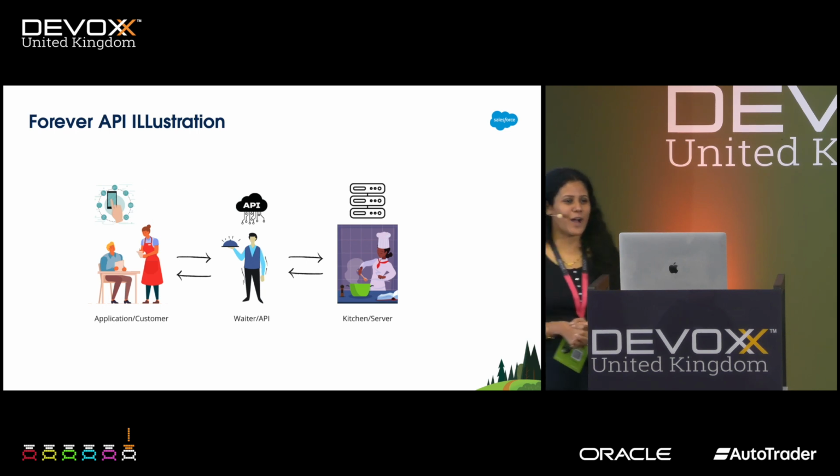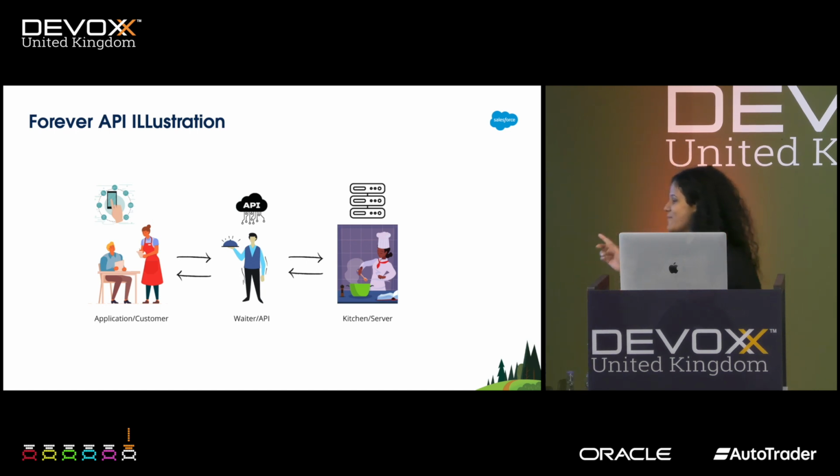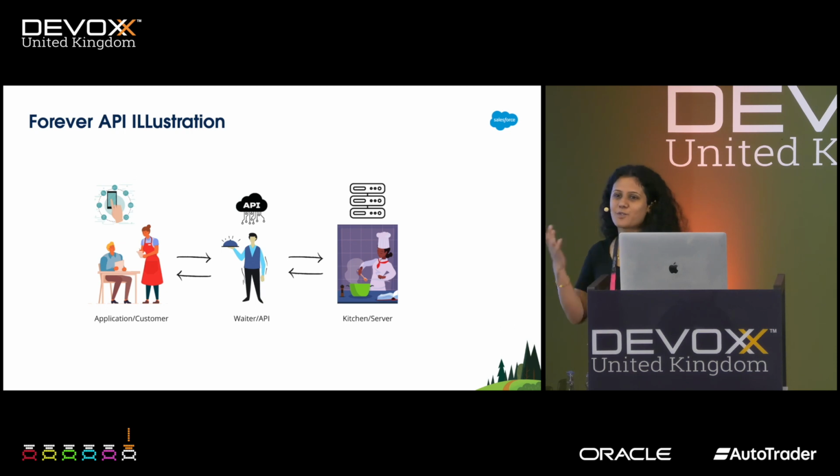This is the analogy I have been using ever since I started my career, and I'm sure you guys as well. When it comes to APIs, this is the analogy they give us about the waiter, to explain what an API exactly does. It acts as a messenger and helps you communicate between different applications, and that's what the analogy represents.